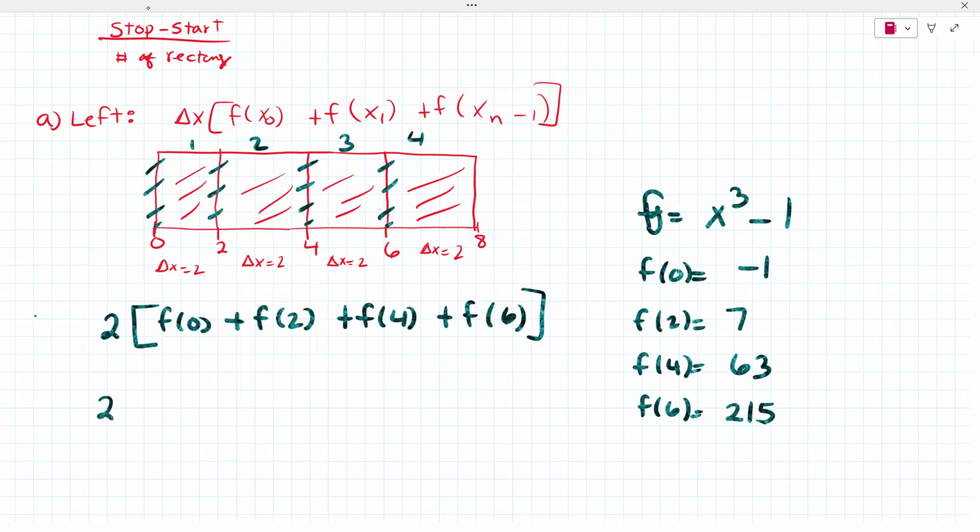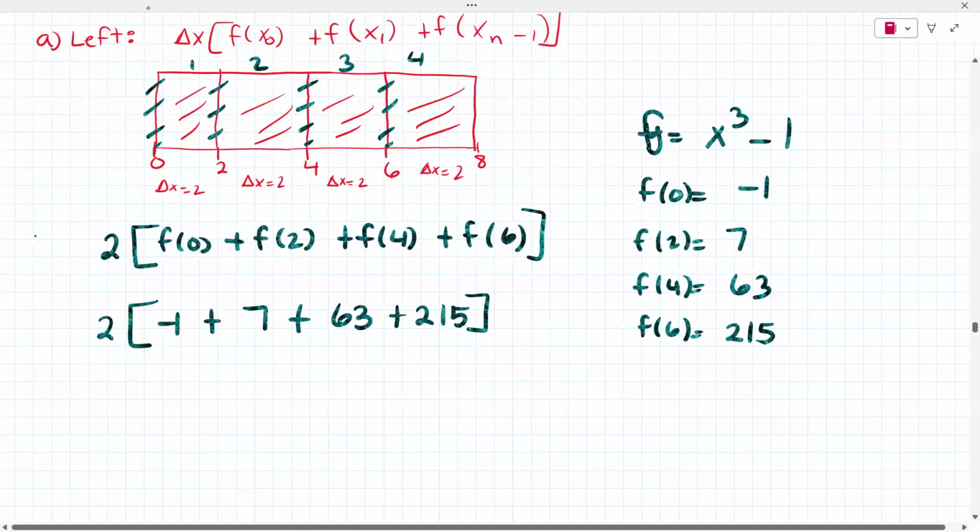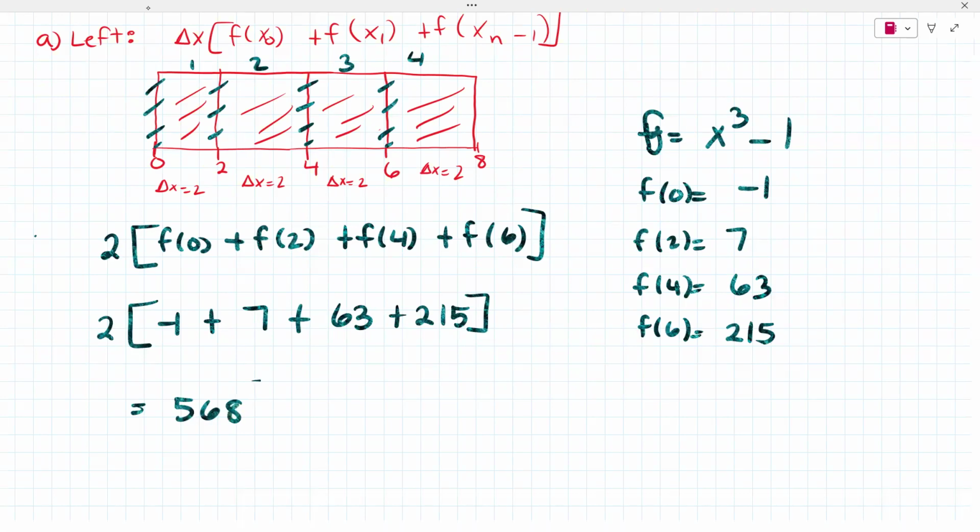So it's going to be 2 times, f of 0 is negative 1, f of 2 is 7, f of 4 is 63, f of 6 is 215. Put it all together and you get 568. Okay, so we just did the left side.